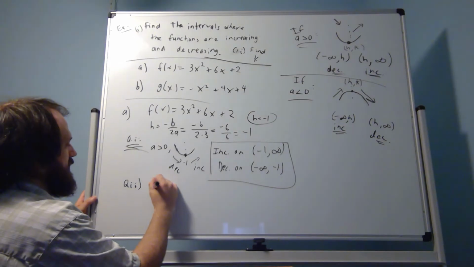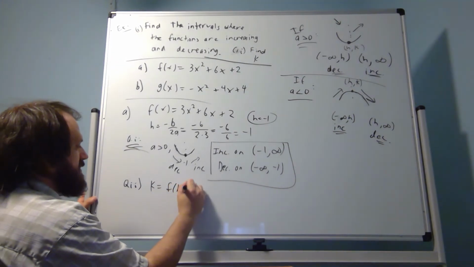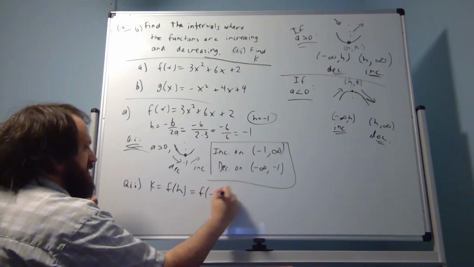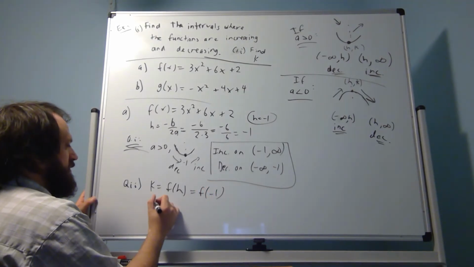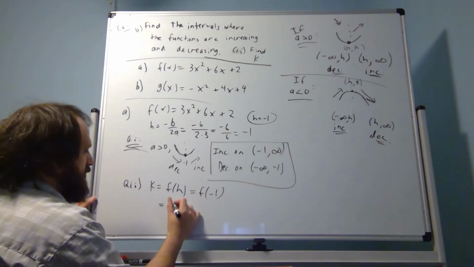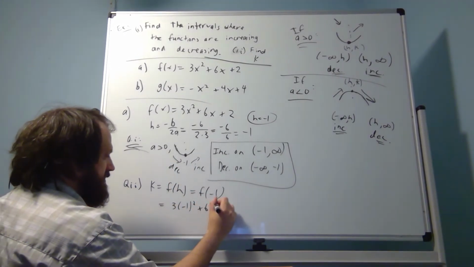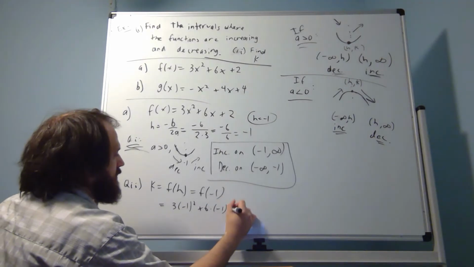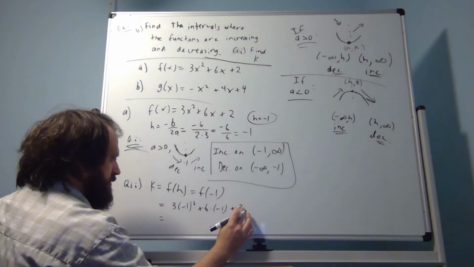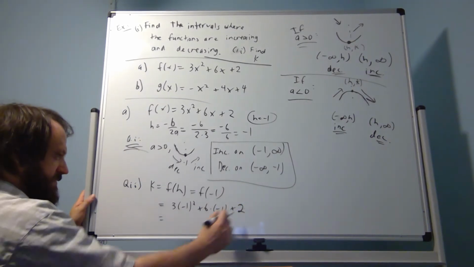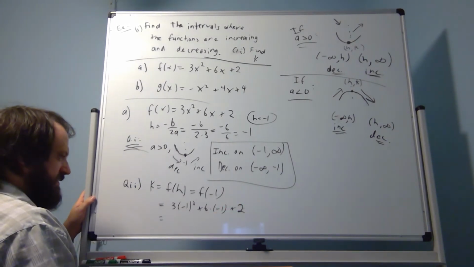So k is just equal to f of h. In this case, h is minus 1. So f of negative 1 is just 3 times negative 1 squared plus 6 times negative 1 plus 2. That 2 is very small. It almost looks like an exponent, but no, it's just a 2 on the ground level.